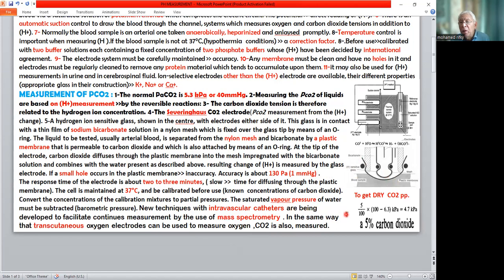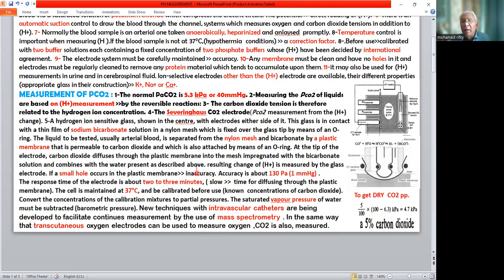Of course, when you want to estimate the dry CO2, we must subtract the water vapor, as we can see from this figure. Suppose the CO2 level is 5%, so we multiply the 5% times the atmospheric pressure after subtracting the water vapor, which is 6.3.